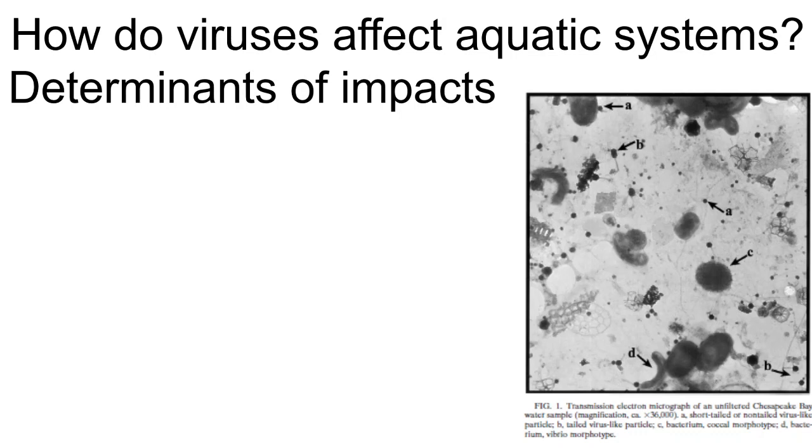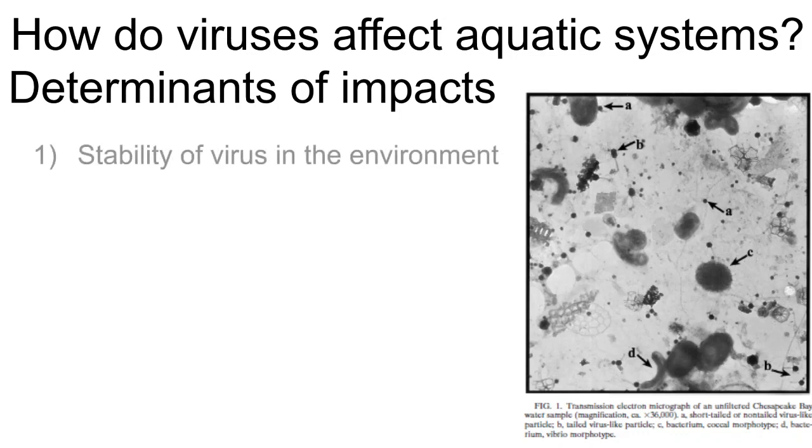So here's an image from a paper that I used to prepare this video, and it shows viral particles as well as cells. One of the important things that we need to understand how viruses are going to affect that system is how stable those viruses are in the system and how stable the system itself is.